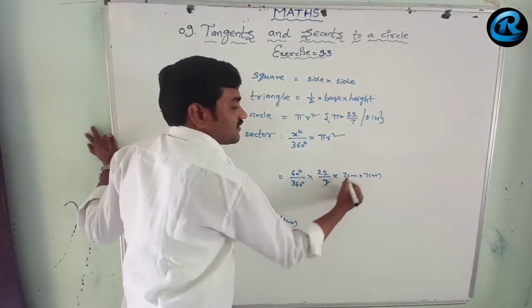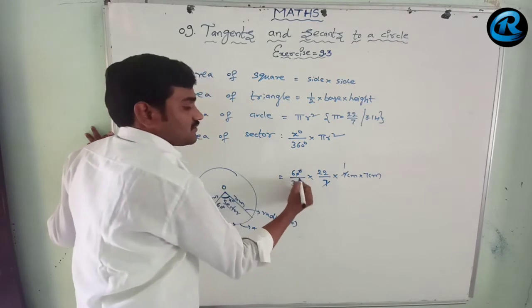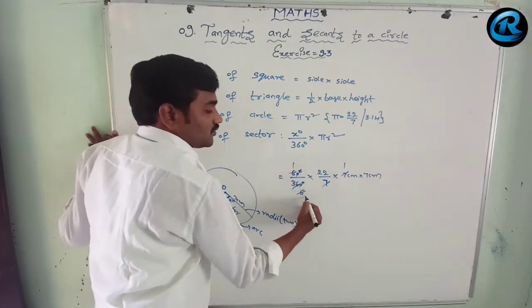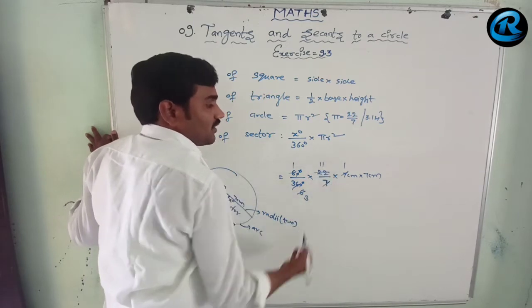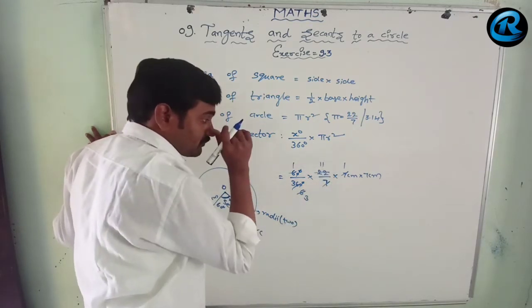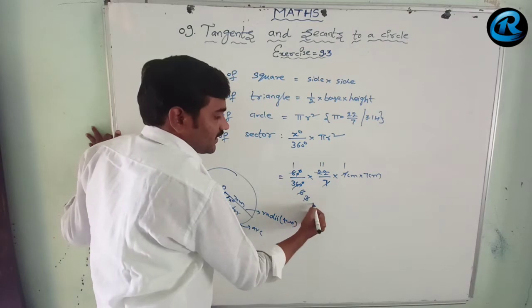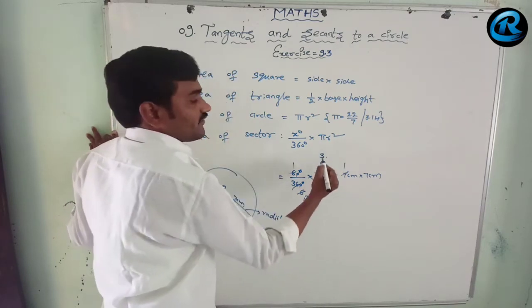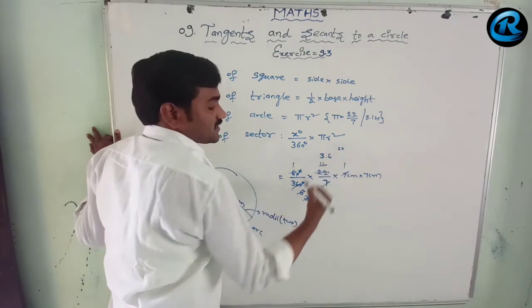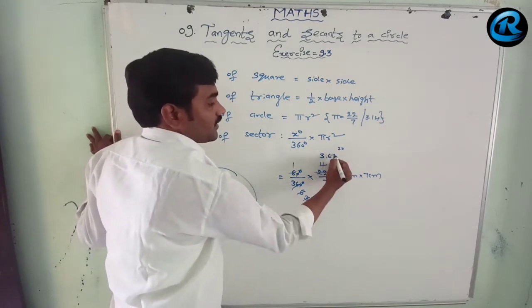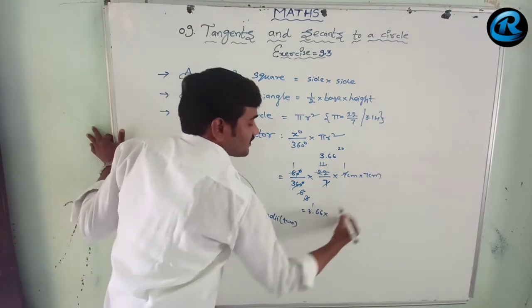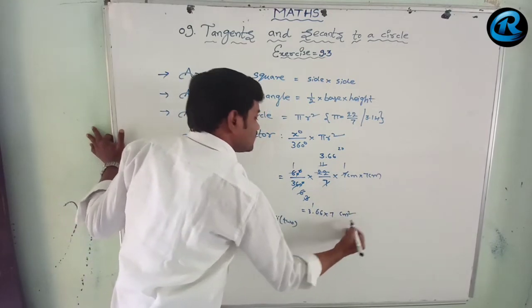Let me cancel here. 7 ones are 7, 7 ones are 7. 60 and 360, 10 and 10 get cancelled. 6 ones are 6, 6 sixes are 36... 3.66 into 7 centimeters into centimeters.